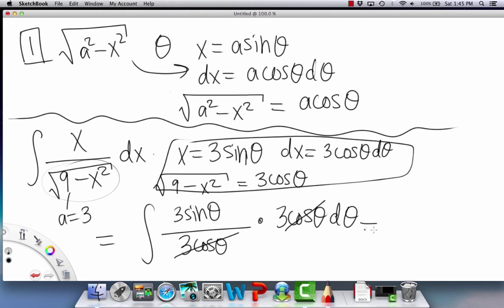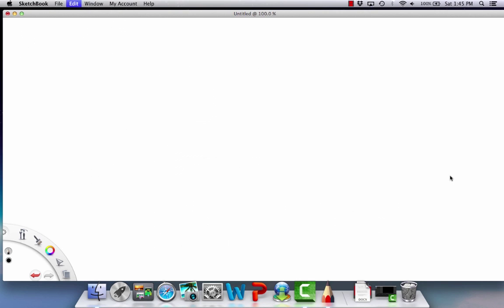Moving on, we're going to simplify. So 3 sine theta d theta. Then I'll move on to the next slide. Here we go. So this turns into negative 3 cosine theta plus c.